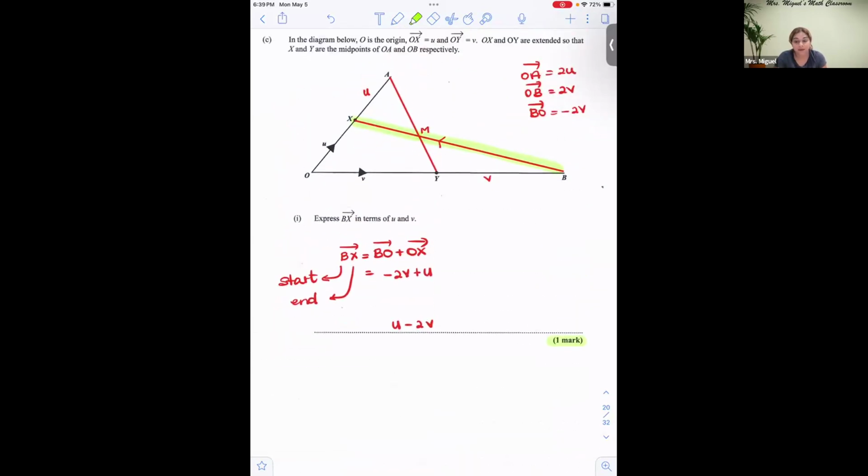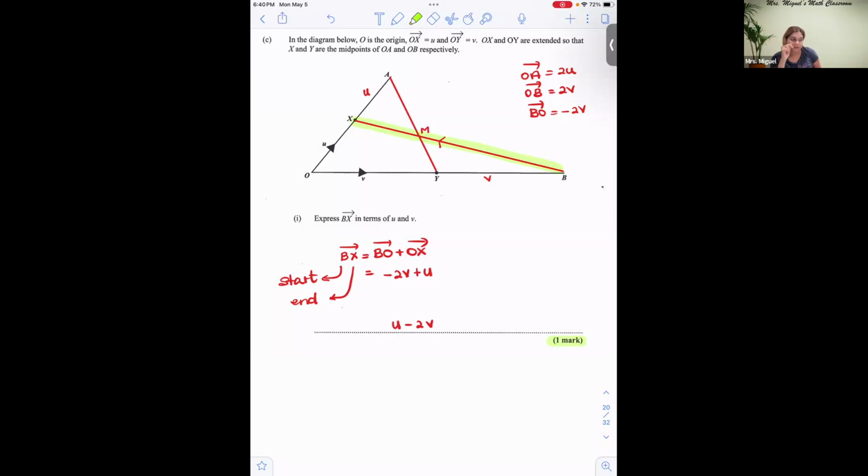So we want to find BM. So to find BM, we need to find the vector BX. But we already have the vector BX.